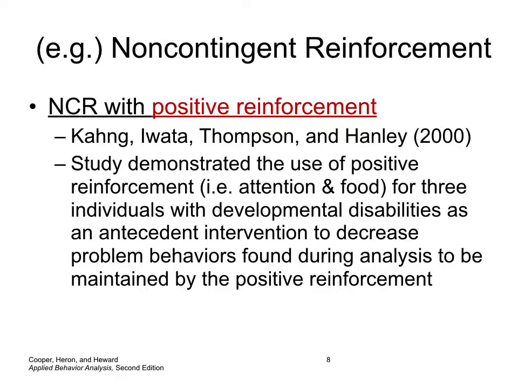So they used NCR: the adults received attention or small bits of food on an FT, fixed time schedule, like 5 seconds. Later, the schedule was thinned to a terminal criterion of 300 seconds. And the researchers found that the NCR procedure effectively decreased the occurrences of self-injurious behavior and aggression.